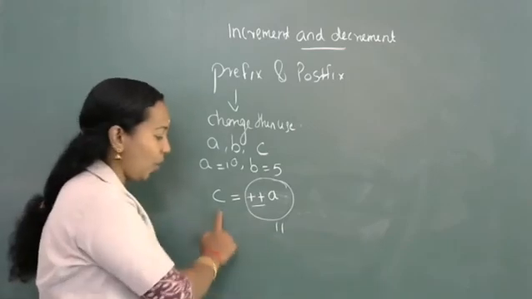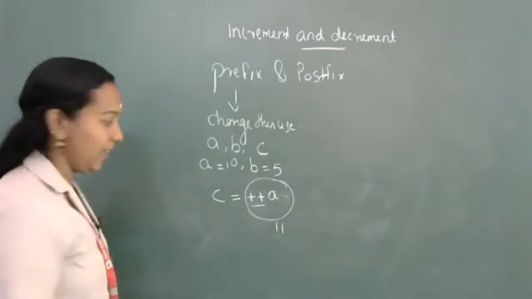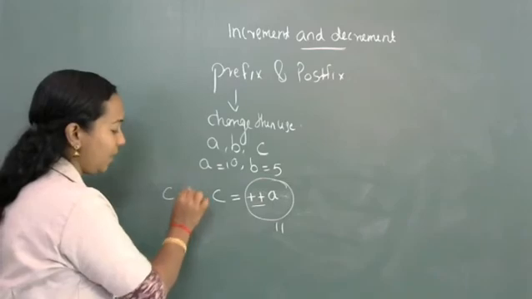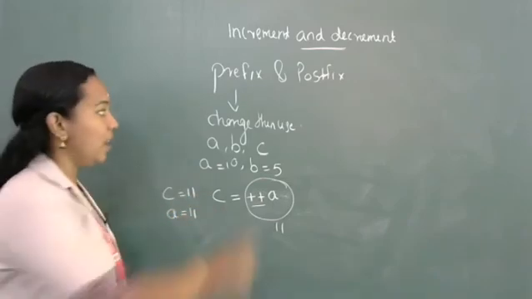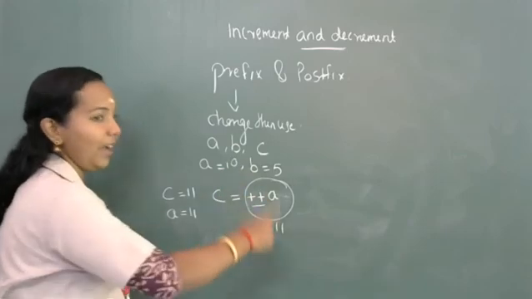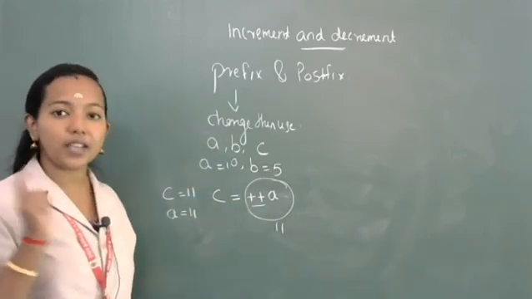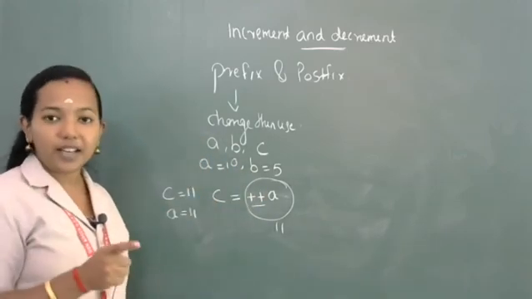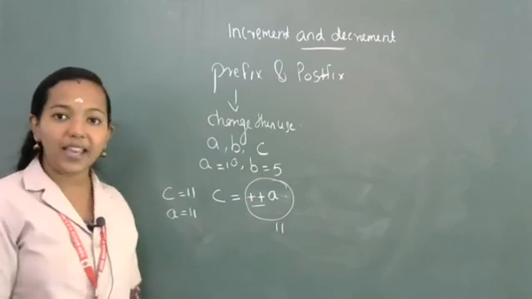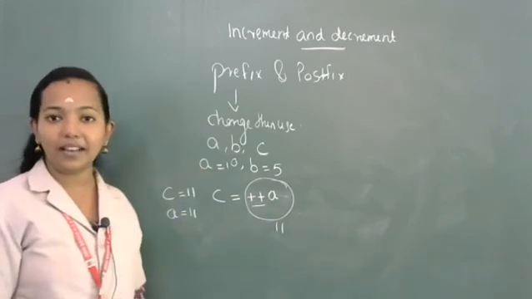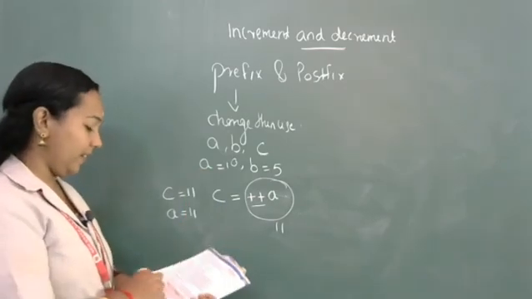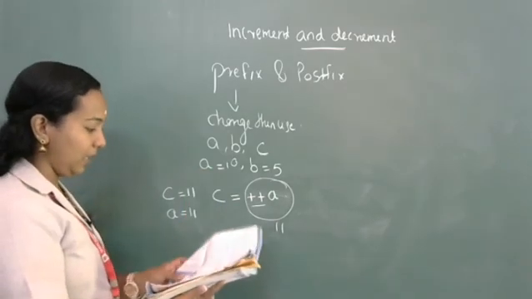That 11 is copied to the variable c. So the value of c equal to 11 and the value of a equal to 11, because first we are executing the expression. After executing the expression, the value of a changes to 11 and the same value we are assigning to the variable c.